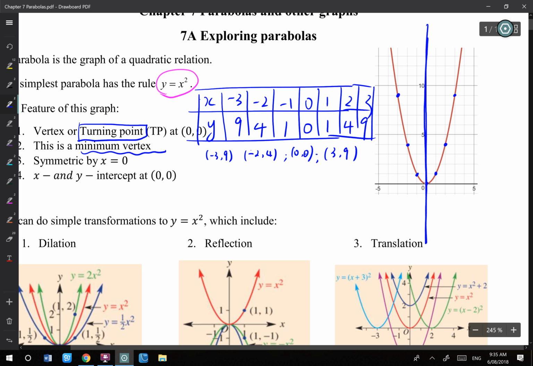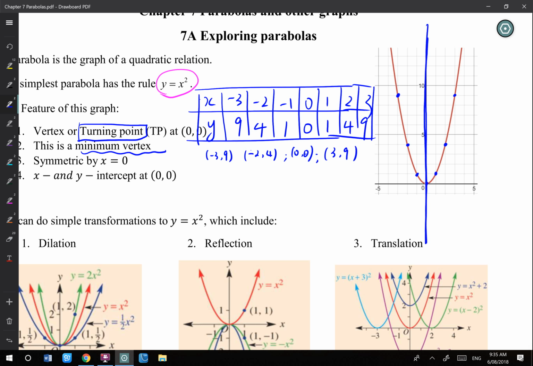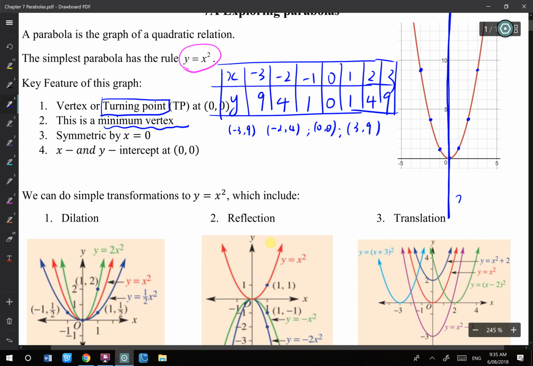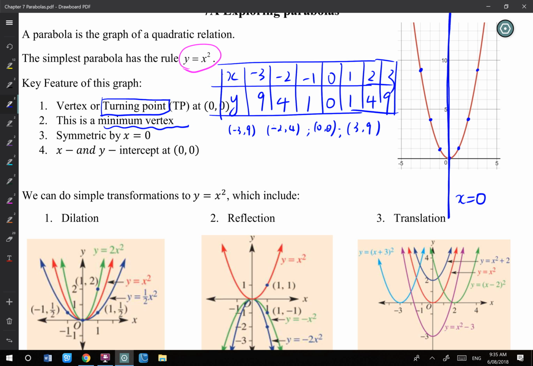If I draw a line vertically like this, you can see the left-hand side and right-hand side are symmetrical. So it is symmetrical about the line x equals 0. And also we can see the x and y intercept is just (0, 0).